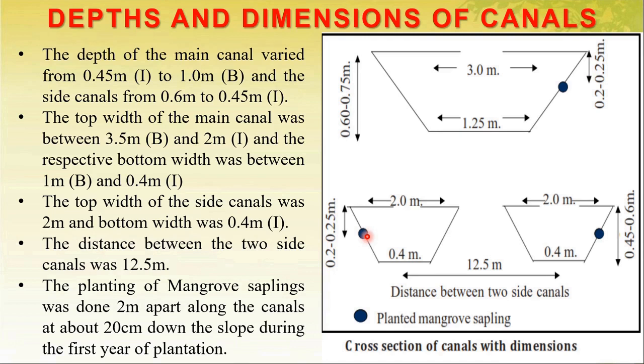In subsequent years, the distance between side canals was reduced to 8 meter in order to ensure dense canopy. As the canals were dug closely, the dimension of the side canals was reduced to 1.25 meter top width, 20 centimeter bottom width and 40 centimeter deep.